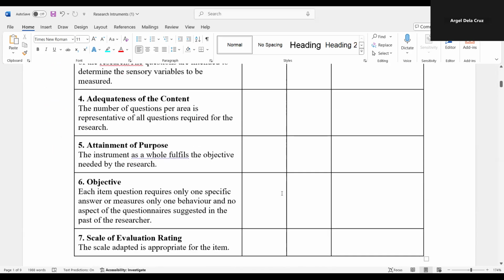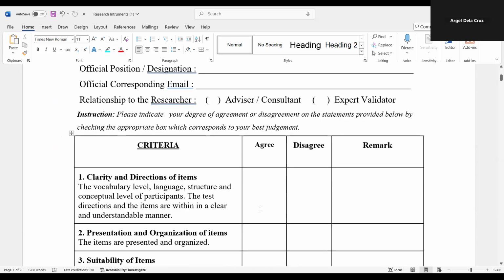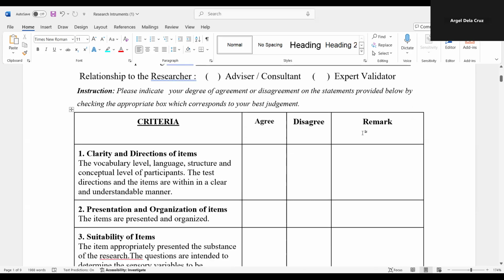So normally for your advisor, dapat agree lahat para ma-forward sa akin. Kasi kung sa advisor nyo pa lang, hindi na siya nag-agree, what's the point of forwarding it to me? Hindi naman din pala agree advisor mo. So malamang hindi rin ako mag-agree, di ba? Ganun siya. Now, what you're going to do for expert validator is upon approval to your advisor, upon approval to me, you're going to validate it with your expert validators.